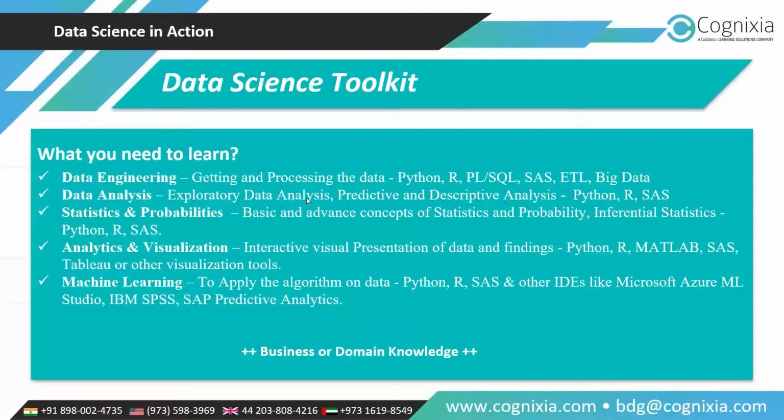So we need people who are good in data engineering, we need ETL developers, big data engineers, PL/SQL developers. If you are good in all these things, you still have a chance to get into data science in a data engineer role.